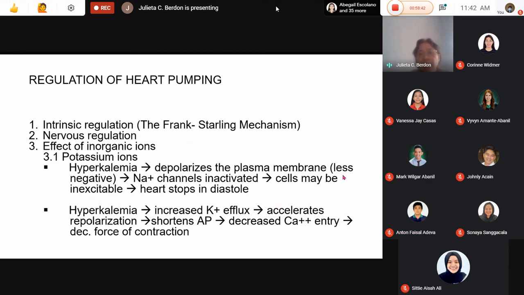If you recall our action potentials, your sodium channels become inactivated with depolarization. Most sodium channels are inactivated, so your cell is no longer excitable. So the heart will stop at diastole. It will no longer go into systole, right?